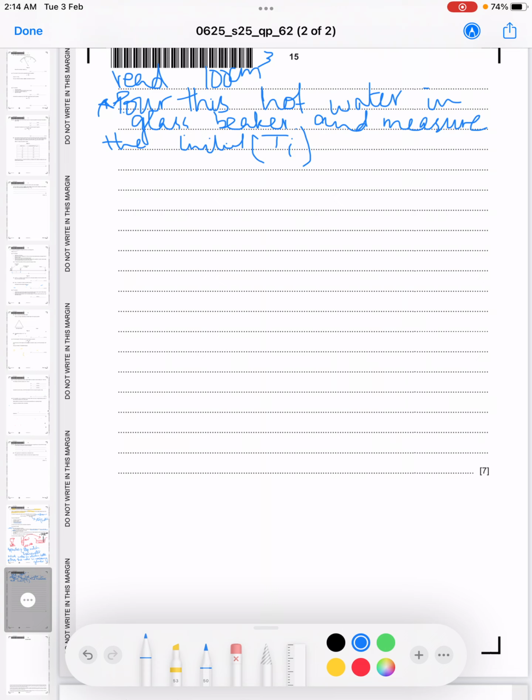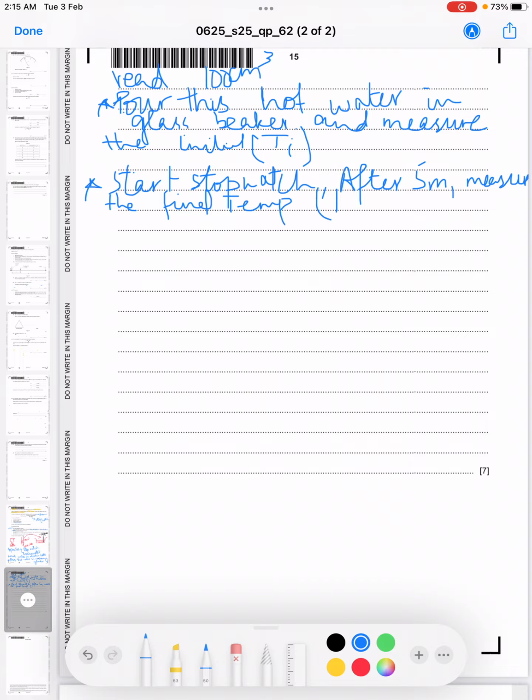Then what we need to do, start your stopwatch. After 5 minutes, measure the final temperature, TF, right?